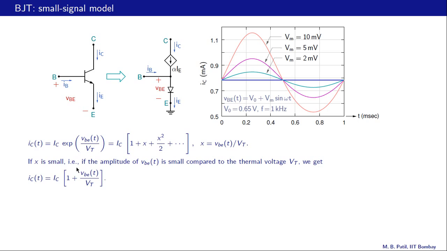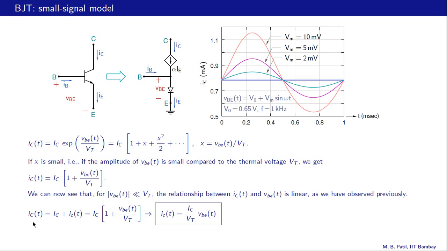So in summary, if x is small, that is if the amplitude of VBE, the signal part of the base emitter voltage, is small compared to the thermal voltage Vt, then we get IC of t, the total instantaneous collector current, equal to IC, which is the DC or bias collector current, times 1 plus X, and X is VBE divided by Vt.